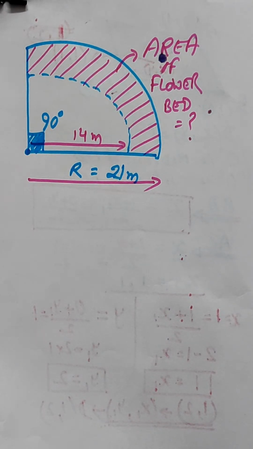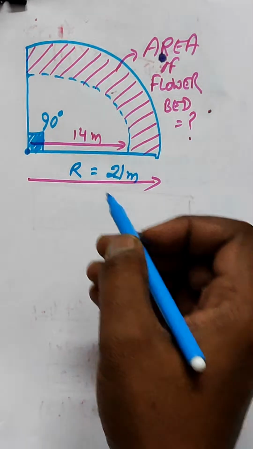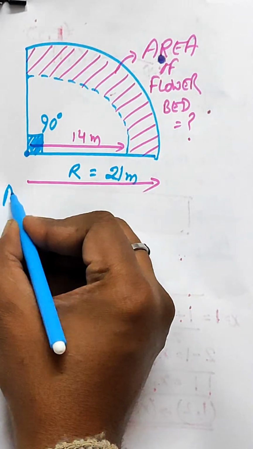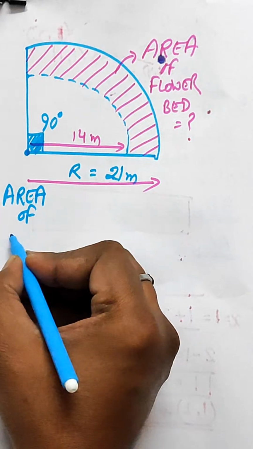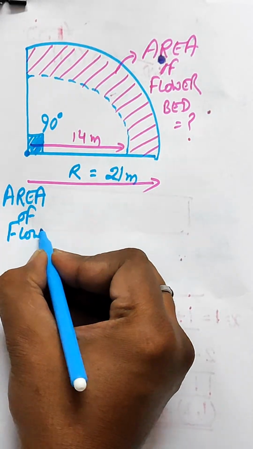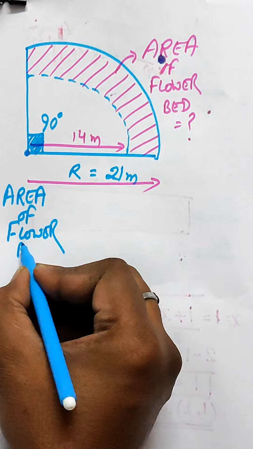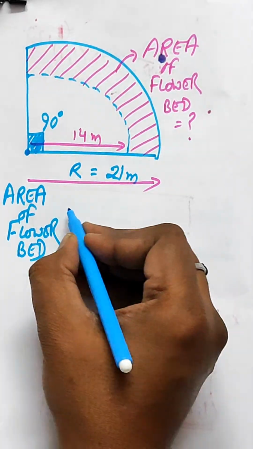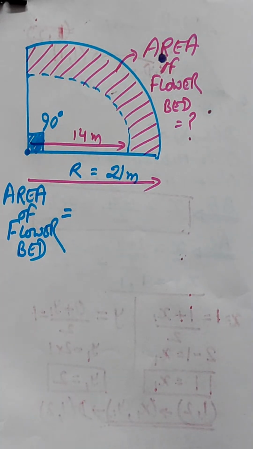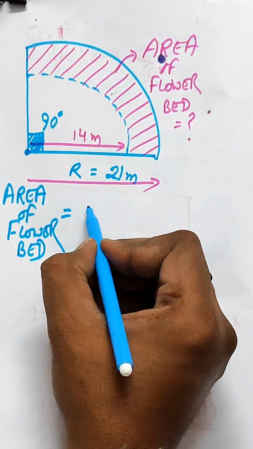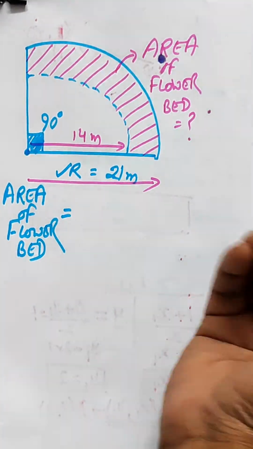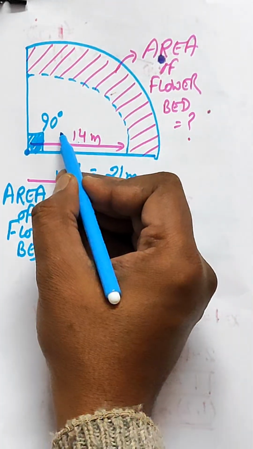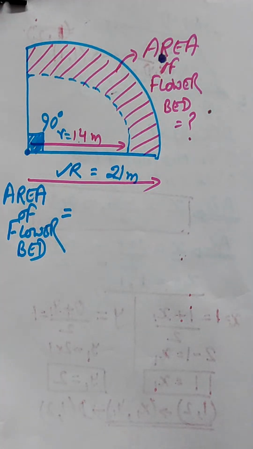Now what is the area of flower bed? This is the area of the bigger sector with radius R minus area of the smaller sector with radius small r, right?